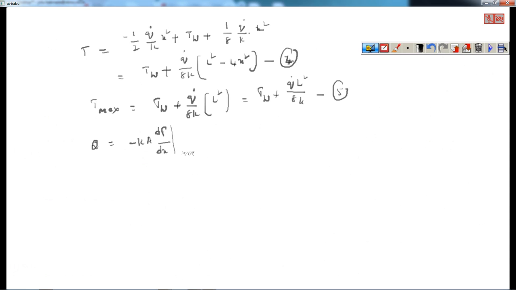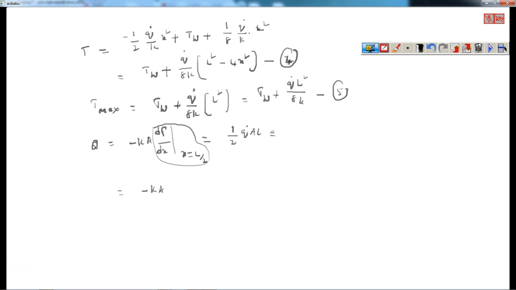This is at x equals L by 2, which we have already said is going to be q dot AL. Then I can write it in this form: minus KA.